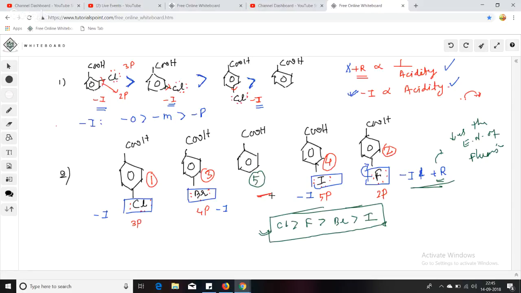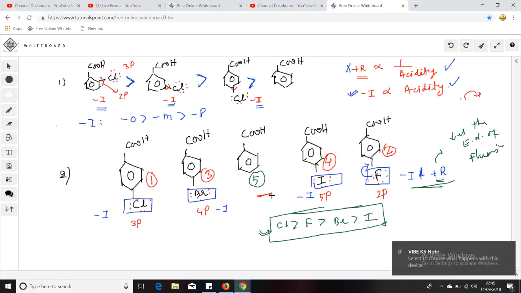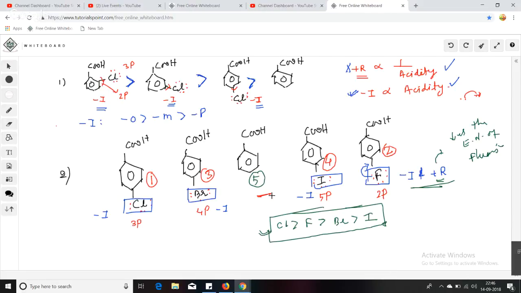This is how we decide the acidic nature of benzoic acid or any substituted benzoic acid. So this order you must remember. And when we have to think about plus R and minus I effects, that also we have discussed.